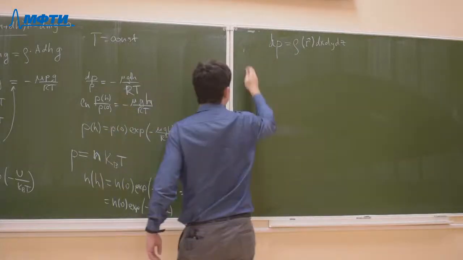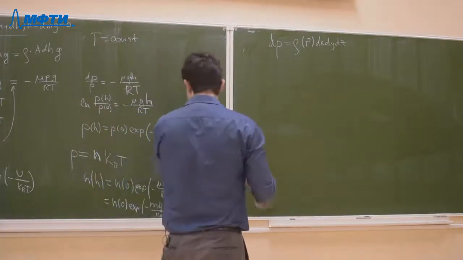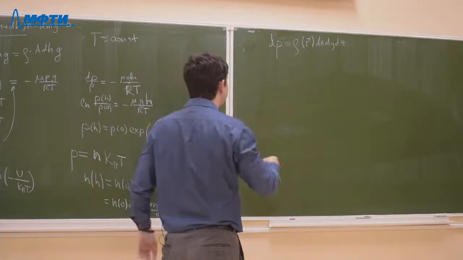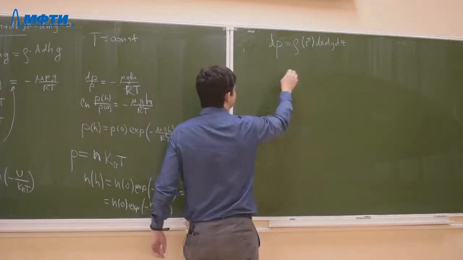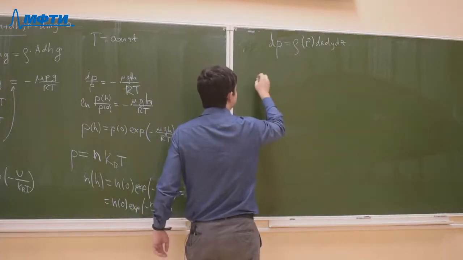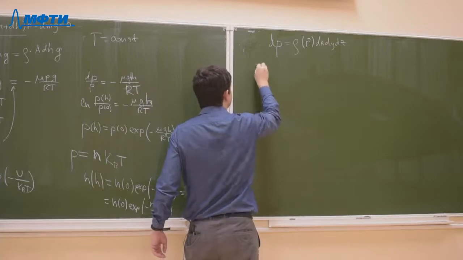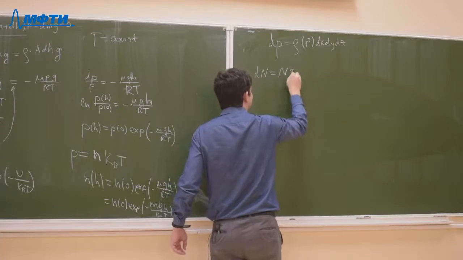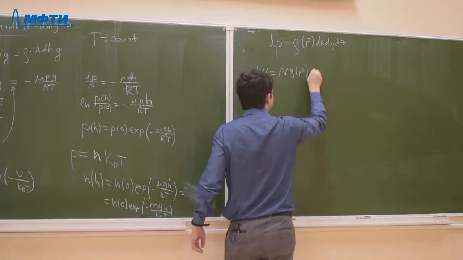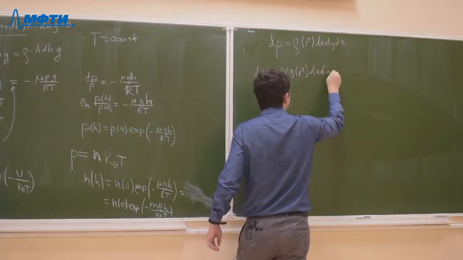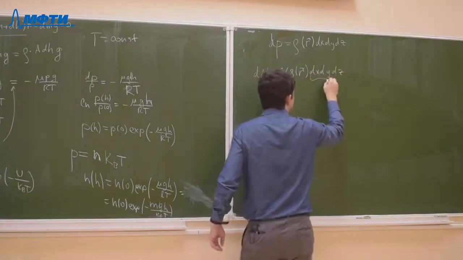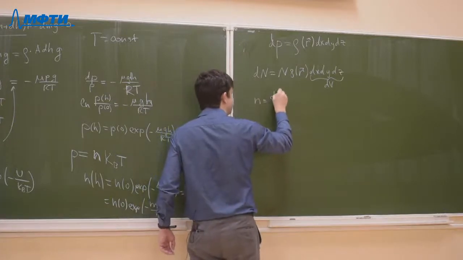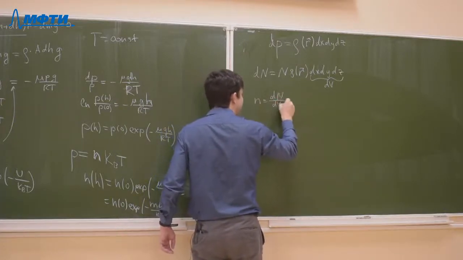So if this is a probability, then the number density in a given point is calculated as, so this is an element of volume.